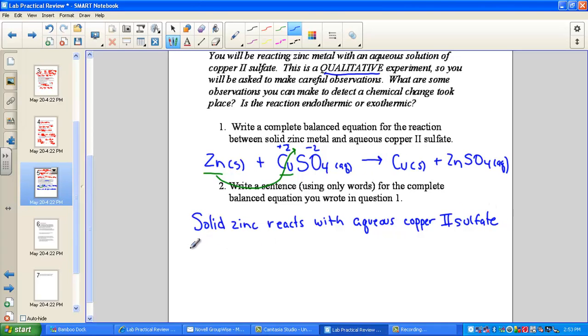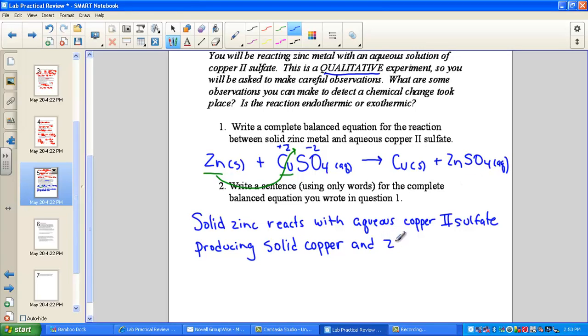I then see the arrow. We could say yields, produces, goes to, forms. I'll write producing. The next part of my sentence, Cu with an S, so I'll write that as solid copper. Then a plus sign on the right side of it stands for the word and.